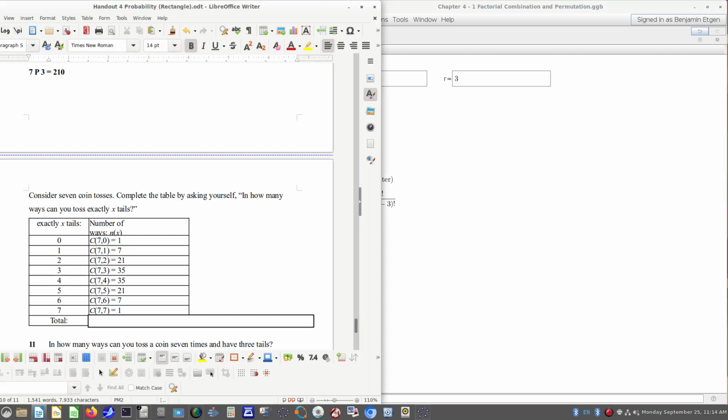The next question asks us to toss a fair coin and count the number of ways that you can get exactly 0 tails. So again, we're arranging identical things. We're arranging tails among tosses, the rest of them, of course, being heads. So we can go through and do this rather quickly.